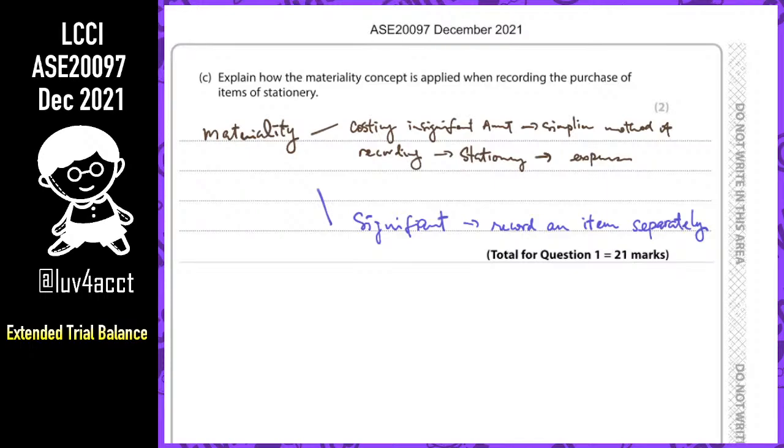But then you have purchased an antique calculator, nice, and you put it into this stationery or sundry expenses. This doesn't make sense. This antique calculator, you are not using it in your day-to-day operations.